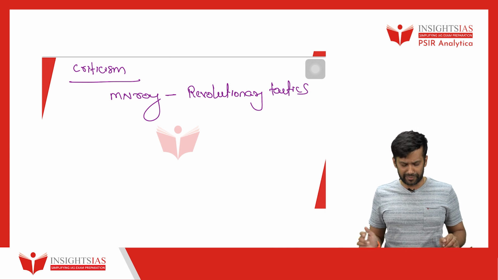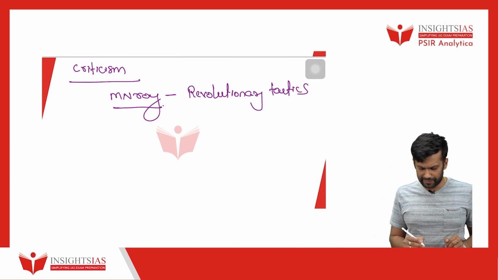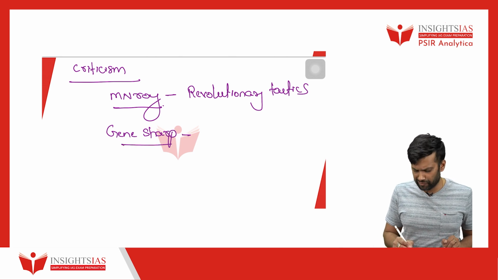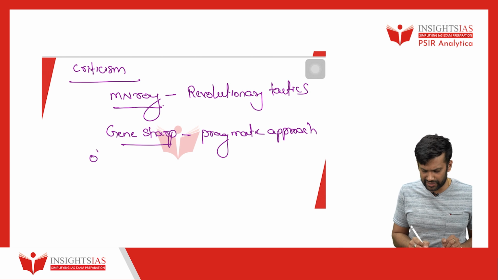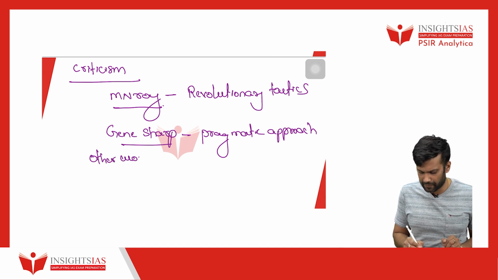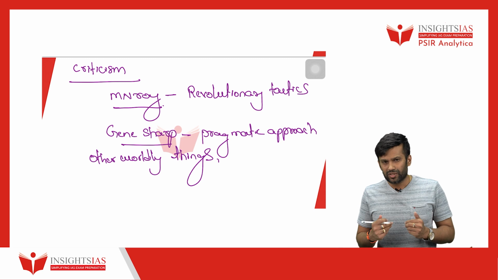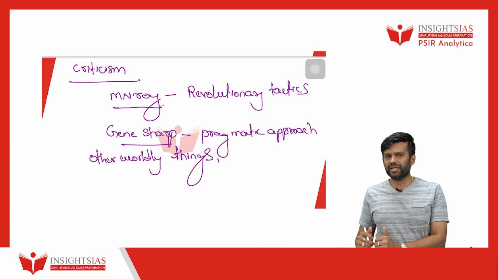Then the other criticism comes from a scholar by the name Gene Sharp, who says Satyagraha lacked any kind of pragmatic approach. It mainly dealt with otherworldly things. The criticism also says that through Satyagraha, Gandhi prevented the movement from taking a revolutionary trend.